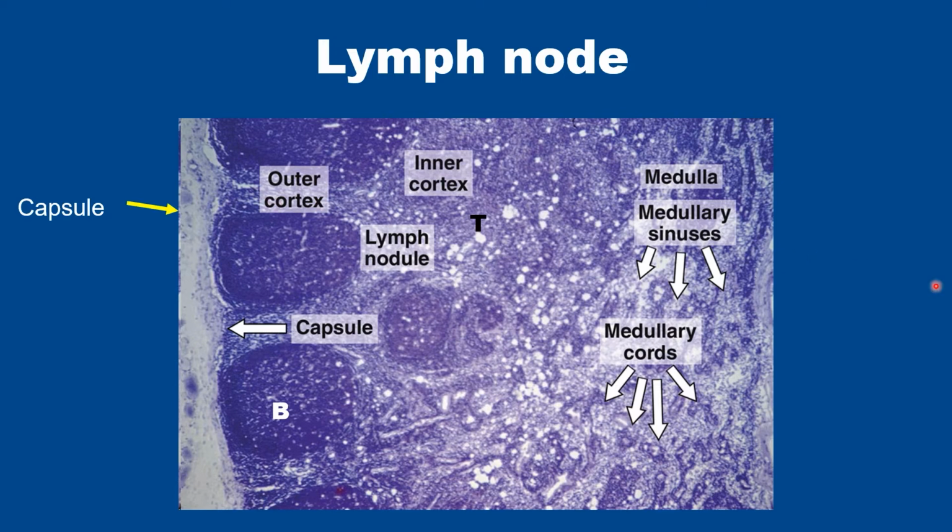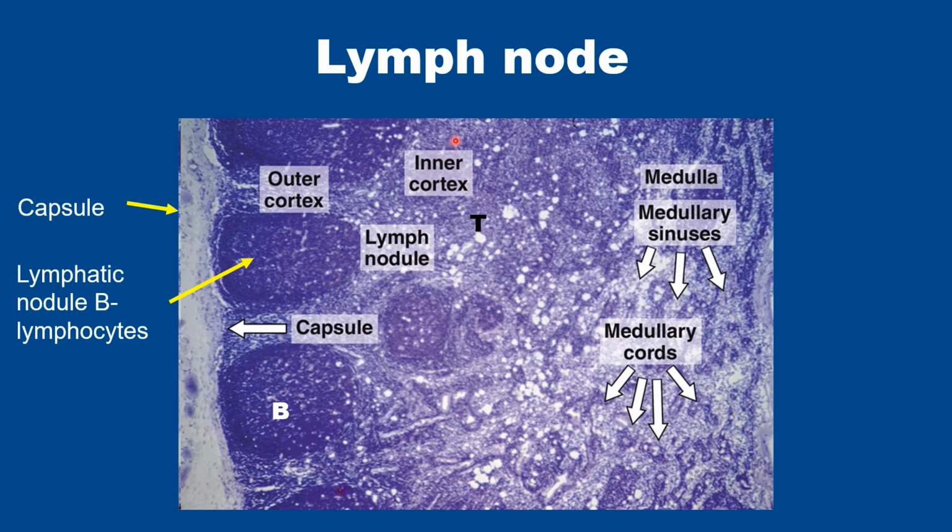Those are the trabeculae, and the trabeculae divide the cortex into different compartments, and each compartment contains 2 or 3 lymphatic nodules. The center of the lymphatic nodules may be dark or lighter according to the antigen challenge. These lymphatic nodules are the sites for the B lymphocytes.